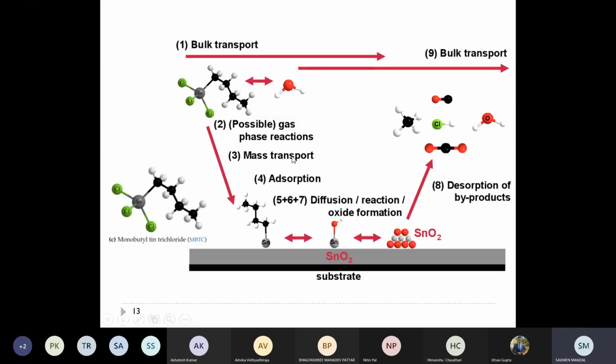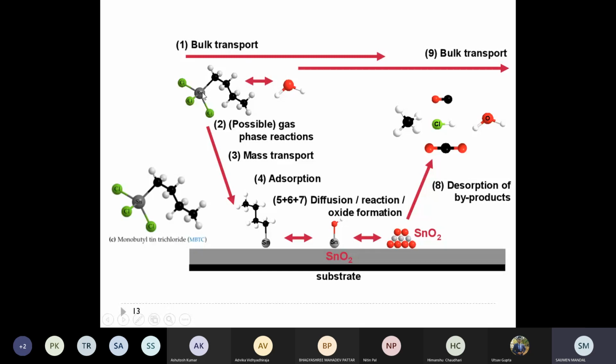So this is just one example, SnO2 film formation. In this case you can see the reactant gas, its name is monobutyl tin trichloride.